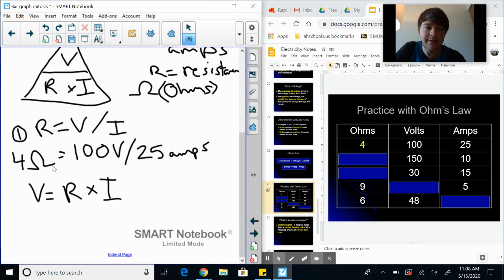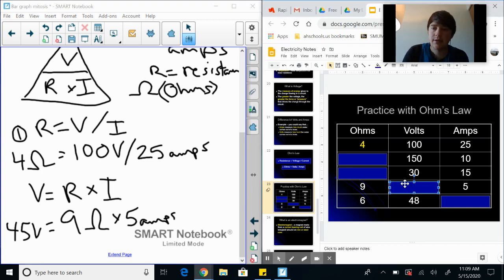We have a resistance of 9, and a current of 5. Sorry, I forgot my units there. Let's redo that. It's 9 ohms times 5 amps. I believe the answer is going to be 45 volts. And if we cover that up, it is 45 volts.